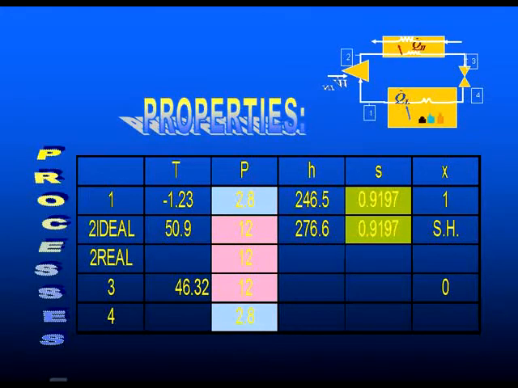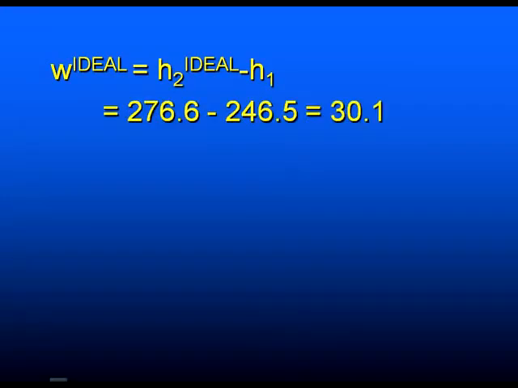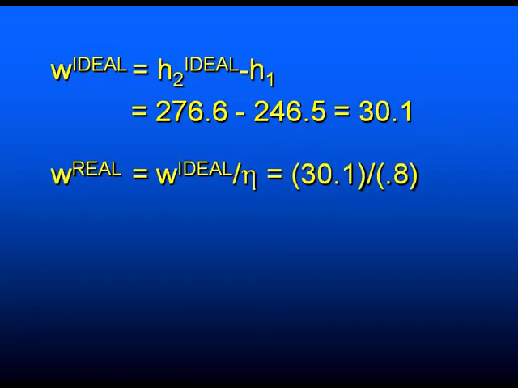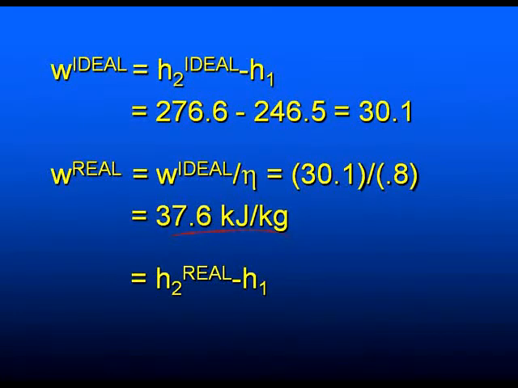Continuing on, we have that part filled out. Now we'll calculate the ideal work of the compressor as the delta H. It comes out to 30.1. Now, will the real work be higher or lower? Higher, of course, because we're doing work. So we divide by the efficiency and find that the real work is 37.1 kilojoules per kilogram.